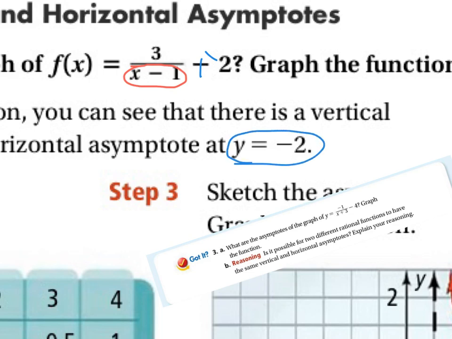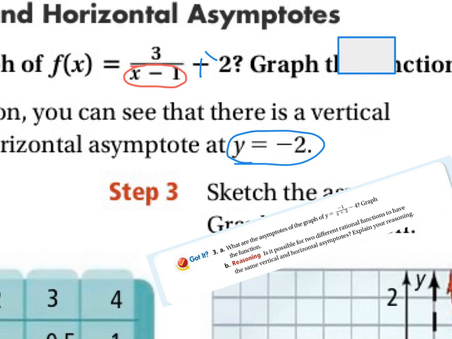Like I said, another way of thinking about it is normally if we don't have a number there at the end, if this part wasn't here, then it would just be y equals 0, and then by subtracting 2, that makes our y values all 2 less than what they were. So if our horizontal asymptote was y equals 0, it just shifts it down 2, makes it y equals negative 2.